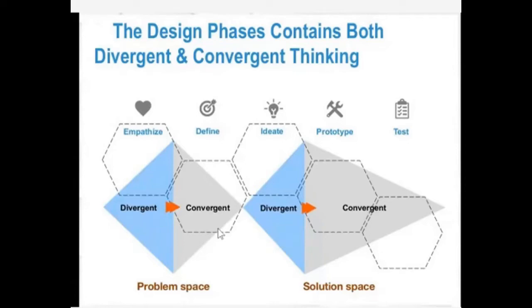So what you do? You narrow down. From the lot of information that you have, you try to draw some insights, and then you narrow down. So you can see this expanding, this sky blue color, then the gray color, narrowing down.